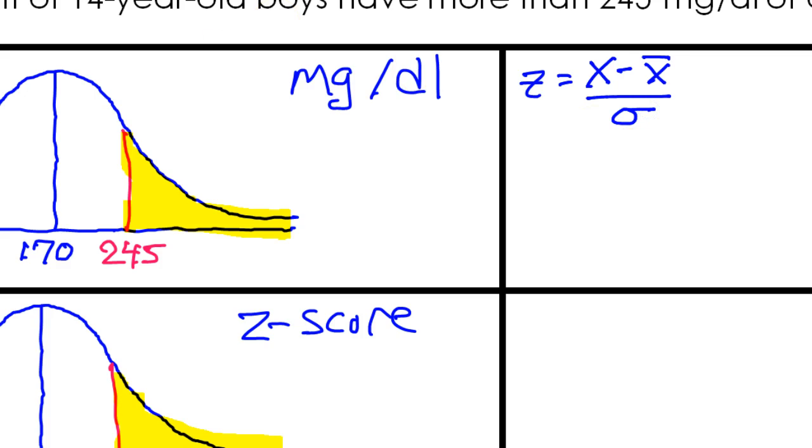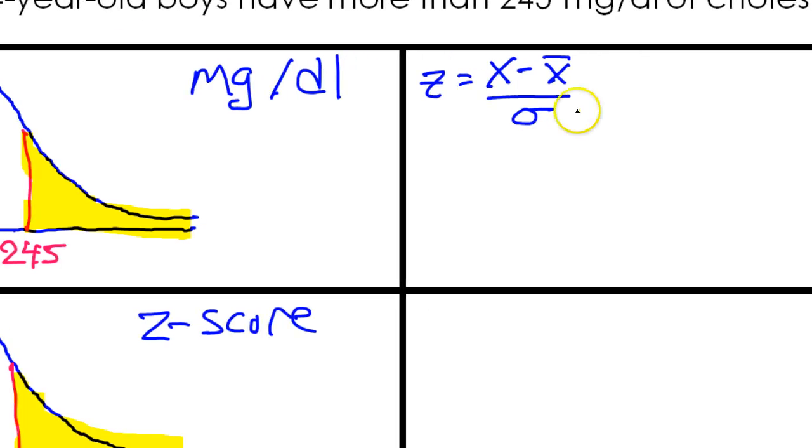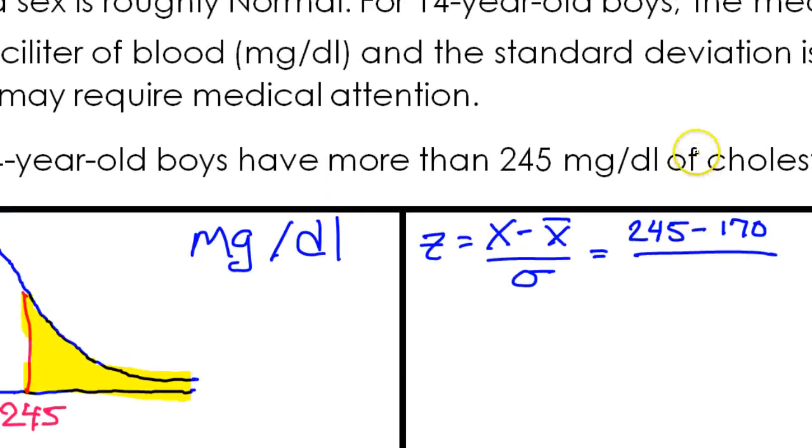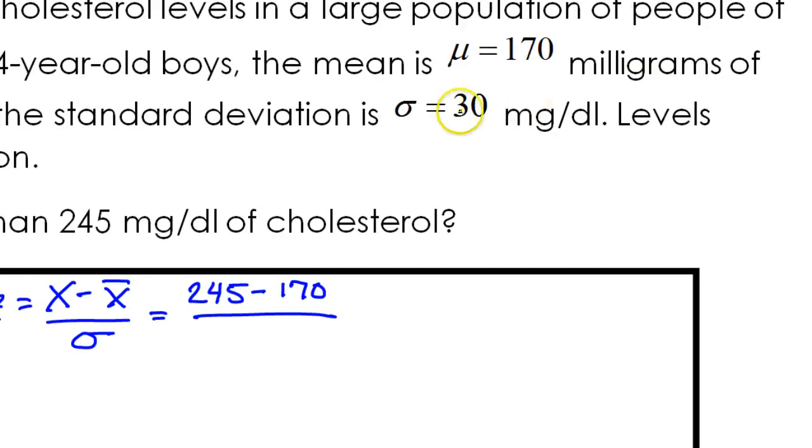In this case, the value is 245, minus the mean, which was 170, divided by the standard deviation, which I believe was 30. So if you just put that in your calculator, you get the z-score.